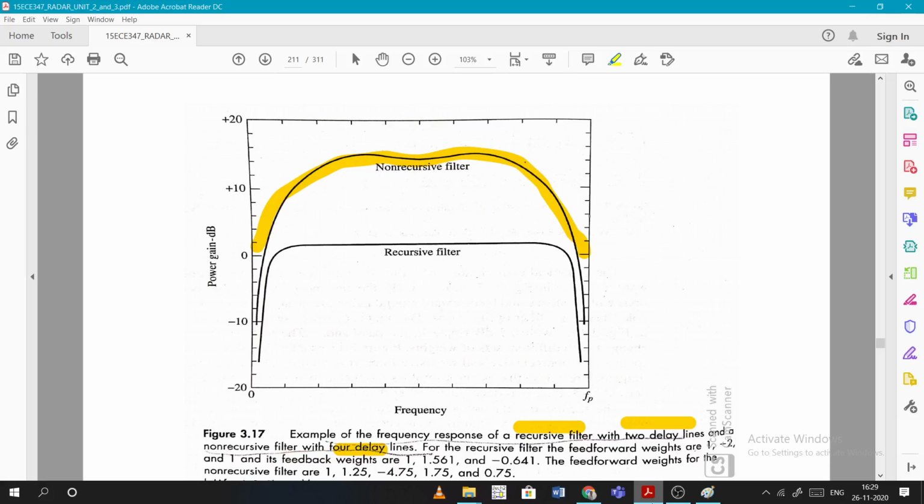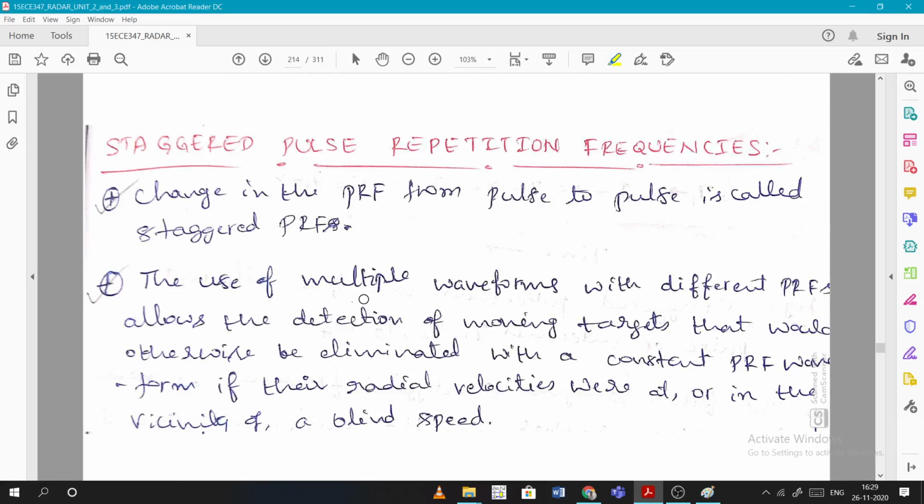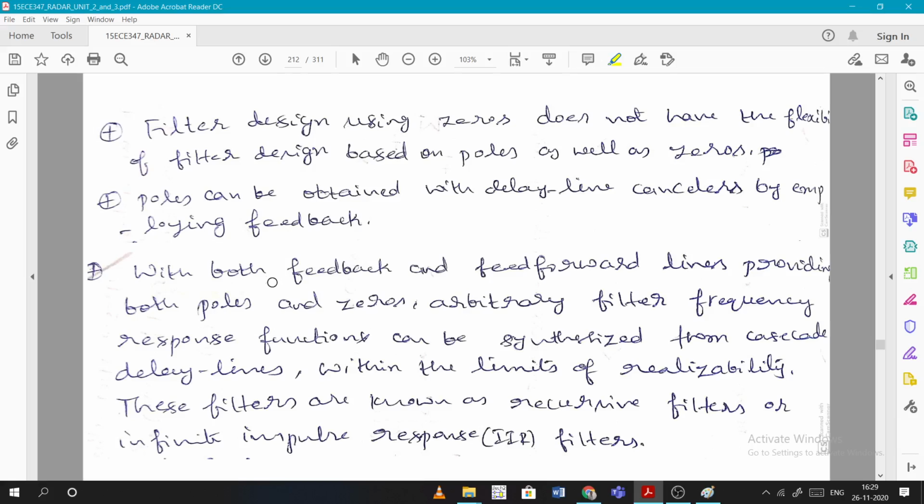That means the number of delay lines is reduced when we use a recursive filter. That is the advantage of using recursive filters.